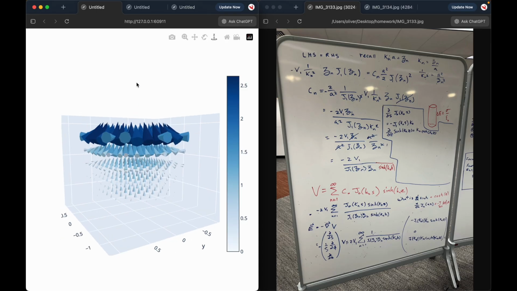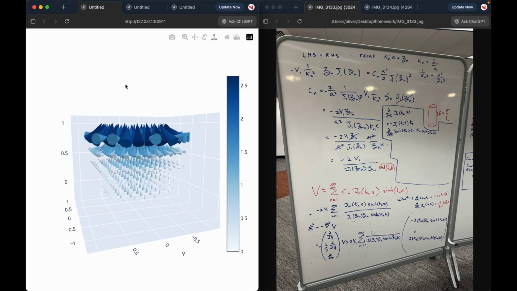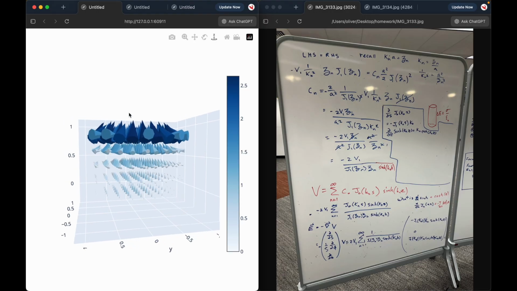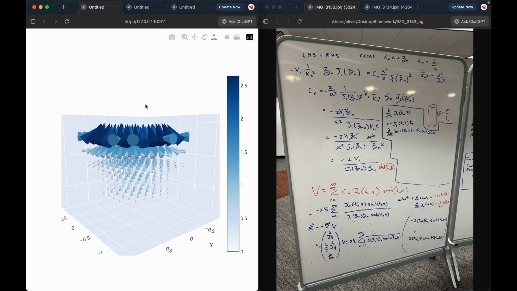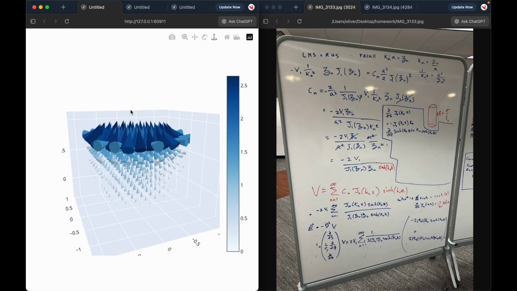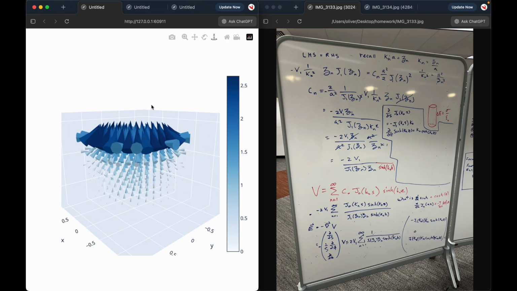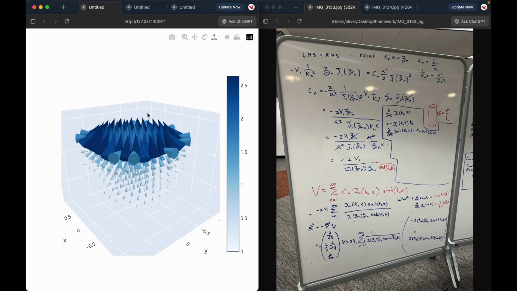So at each surface we would expect the electric field to be perpendicular to the surface, and that matches what we're seeing here. It's pointing in at the sides and the bottom, and then at the top it would be pointing straight up.